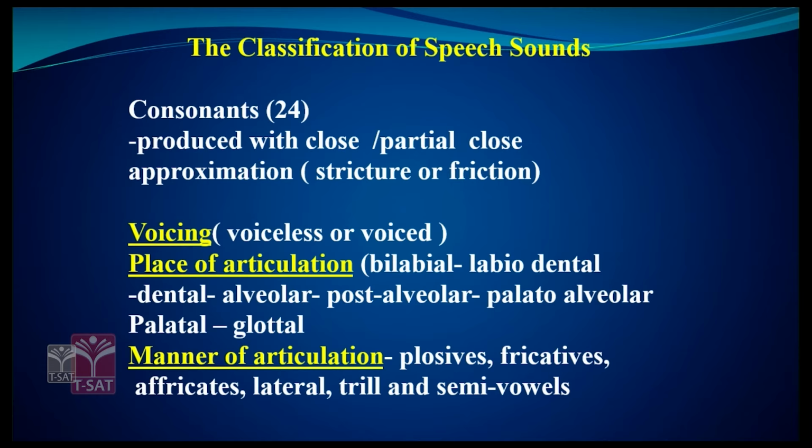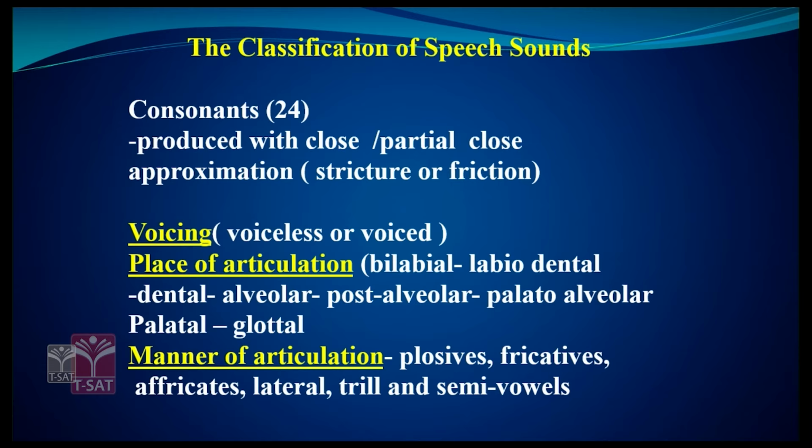When we come to consonantal sounds, they can be classified by voicing as voiced or voiceless. During the production of a consonantal sound, if you feel the vibration of the vocal folds, the sound is considered voiced, as in B as in book, G as in gun and L as in light.